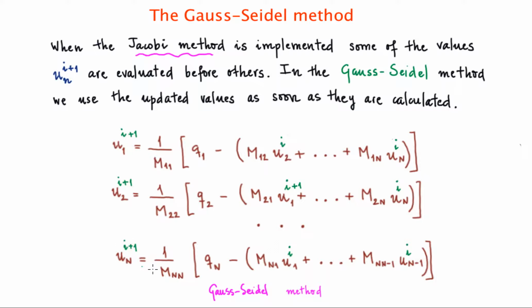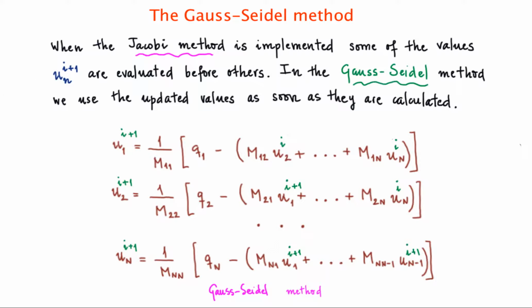For example, in this last one, we're going to use all the un values that we have obtained, which are all these ones, all the others. So we're going to use all the values that we have obtained here. So this is basically the Gauss-Seidel method.